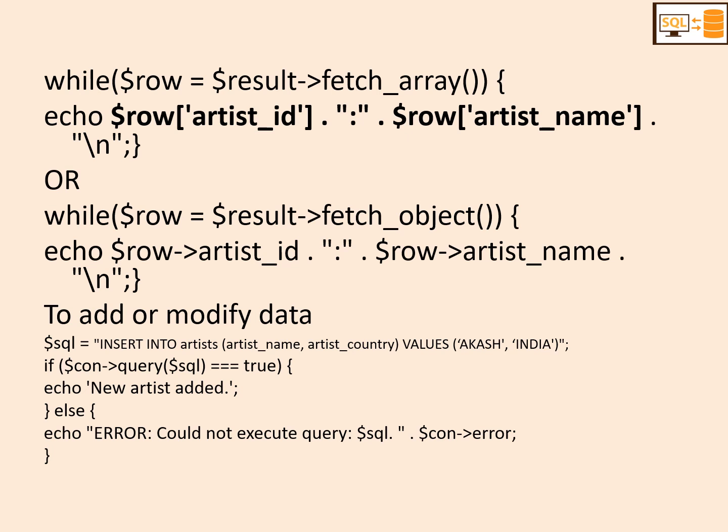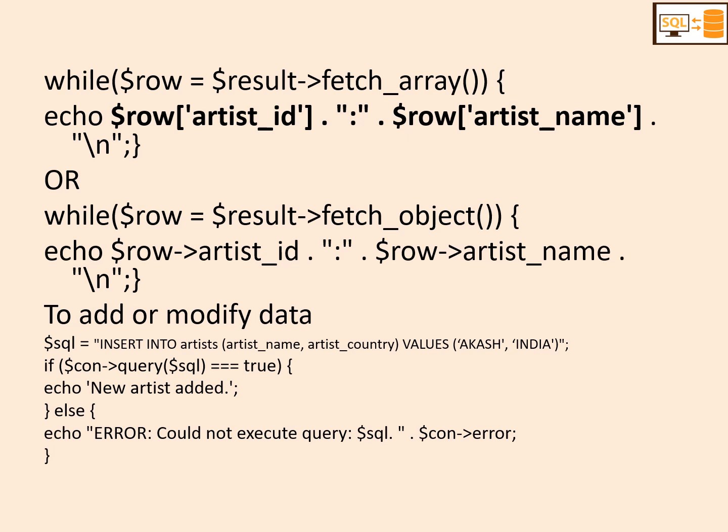What happens here is that fetch_array fetches the first row from the resultant array, and $row should contain the first record, and this row has two attributes, the id attribute and the name attribute.